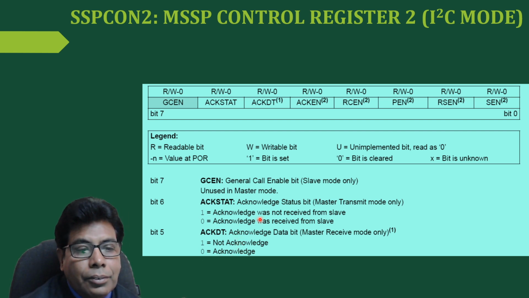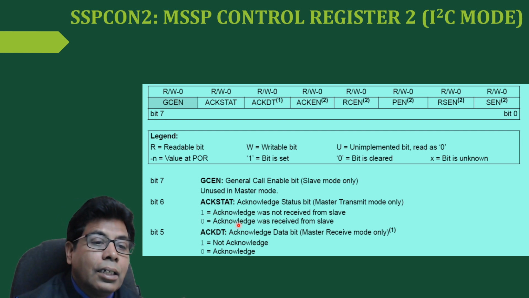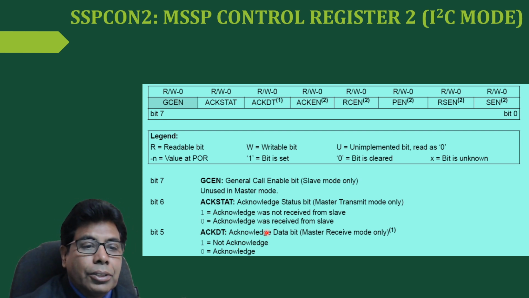When we studied the I2C, you can refer to that video. The acknowledgement is necessary for the communication. You also have to see the different formats we have discussed in the previous video.